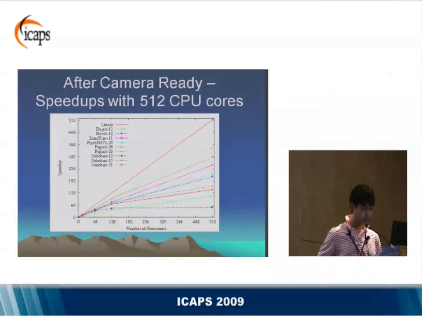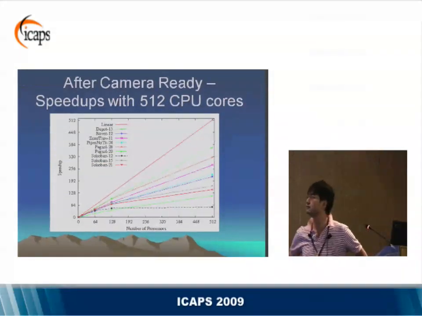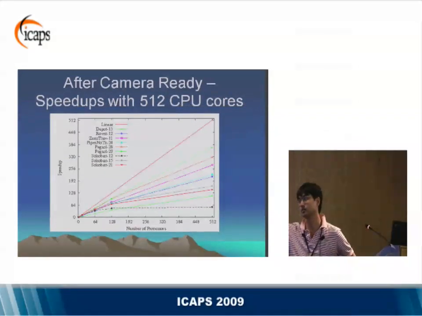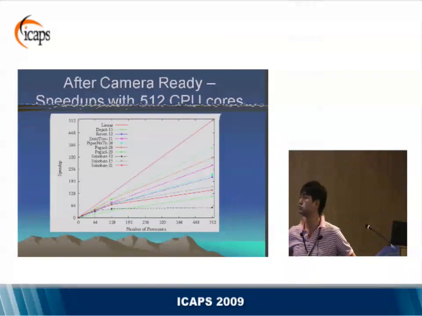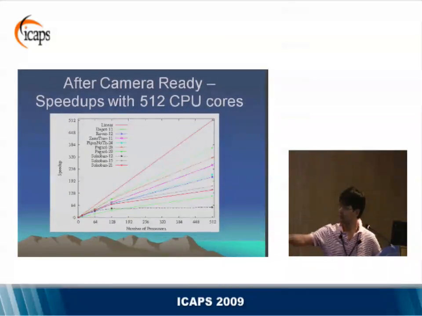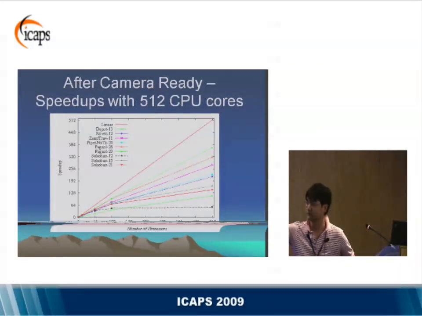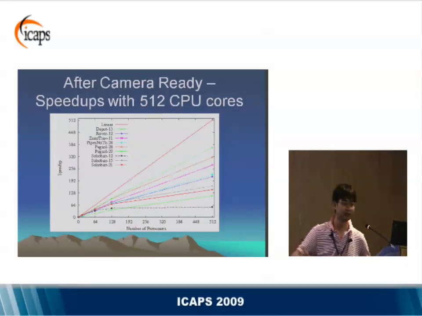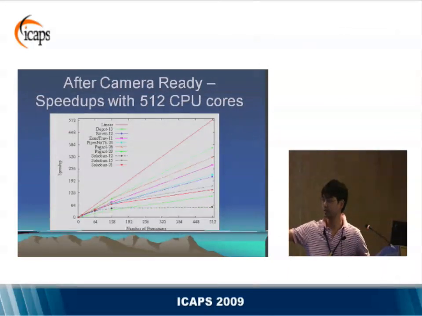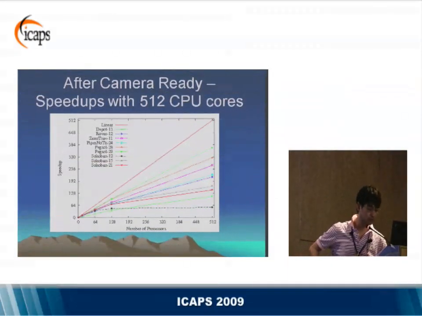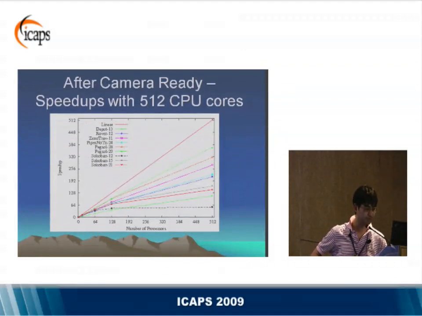In the best case, HDA* achieved like 374 speedup, and on average, I think the number is something like 200. And in the worst case, it achieved only 50. But again, this was quite hard for HDA* to parallelize with a larger number of processors because it has already become easy with 64 processors.